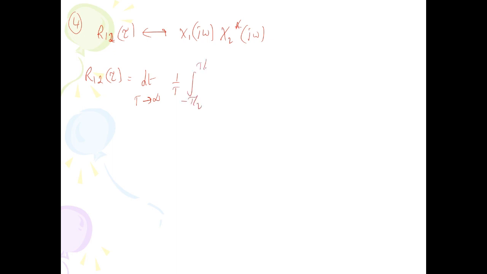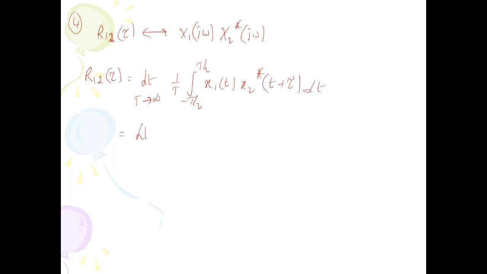Coming to the fourth property, R12 of tau will have the Fourier transform x1 of j omega into x2 star of j omega. R12 of tau is limit T tends to infinity 1 by T integral minus T by 2 to T by 2 x1 of t and x2 star of t plus tau dt.